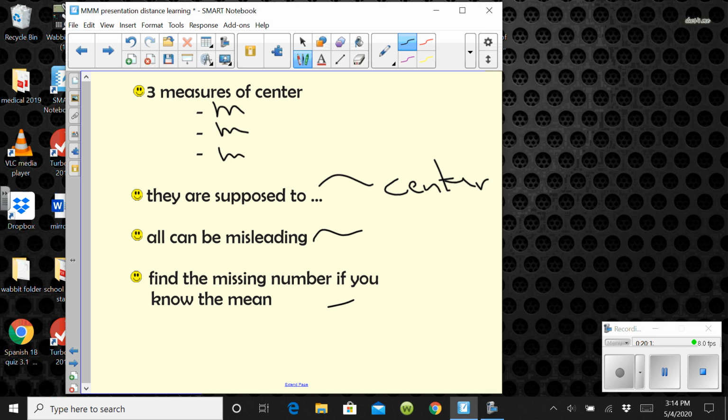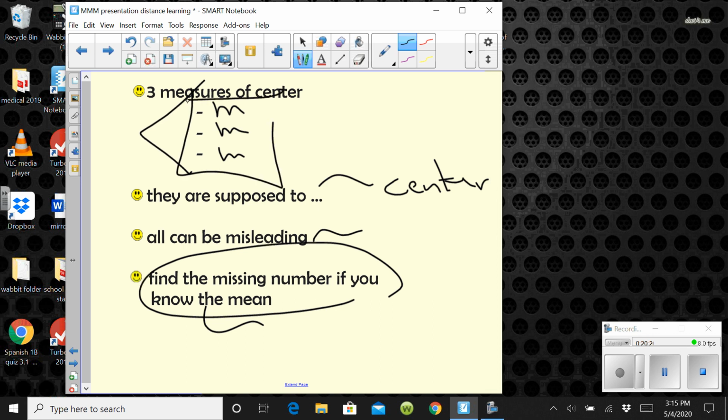And then you now know how to find the missing number if you already know the mean and the number of numbers. So that was pretty fast, but you can handle it, right? Mode, mean, median. Hey, which of those do you have to have the numbers in order? Yeah, the median. Median, you got to get the numbers in order.